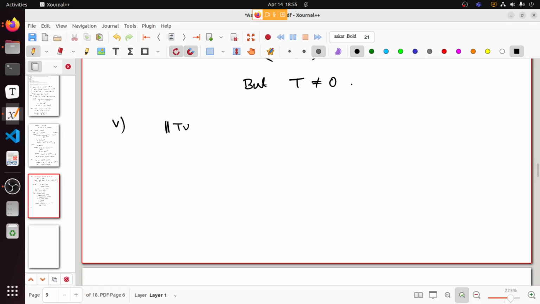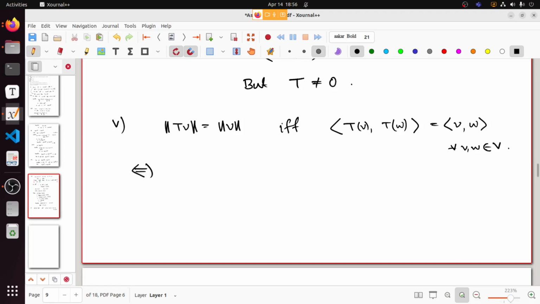Norm of Tv equals norm of V if and only if inner product Tv comma Tw equals inner product V comma W for V, W in V, right. So the converse direction is easy. Take V equals W, right.